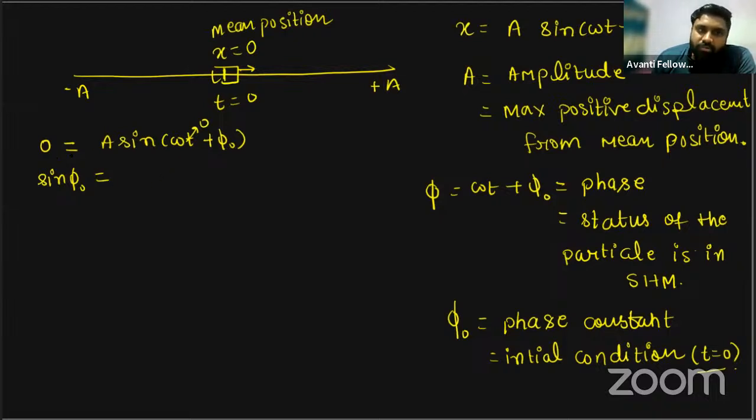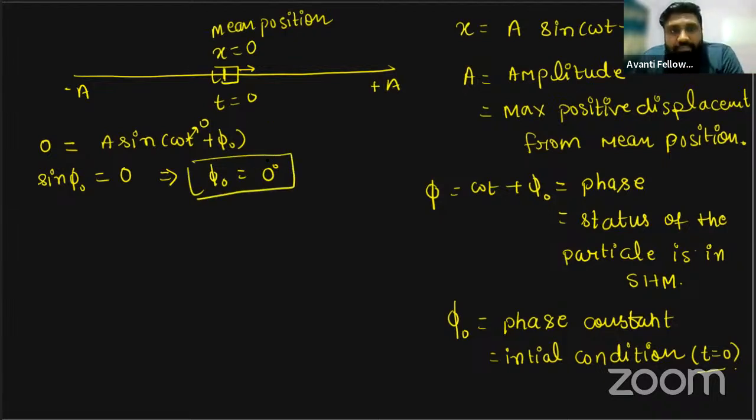And this a is not 0, a is a positive constant. So sin phi naught will be 0, which means phi naught has a value of 0 degrees, because sin 0 is 0. So see, it is telling us about the initial status of the particle. Okay. So here, if you take cos, x equals a cos(omega t plus phi naught) you are taking.